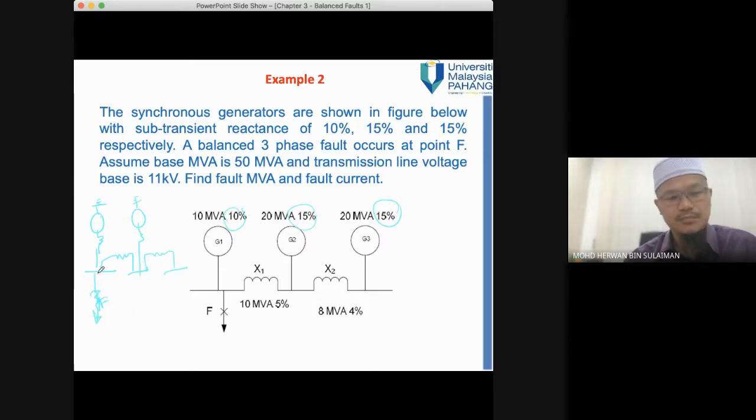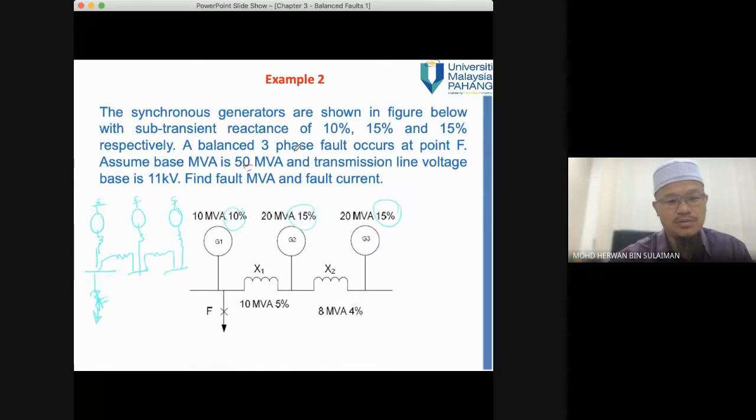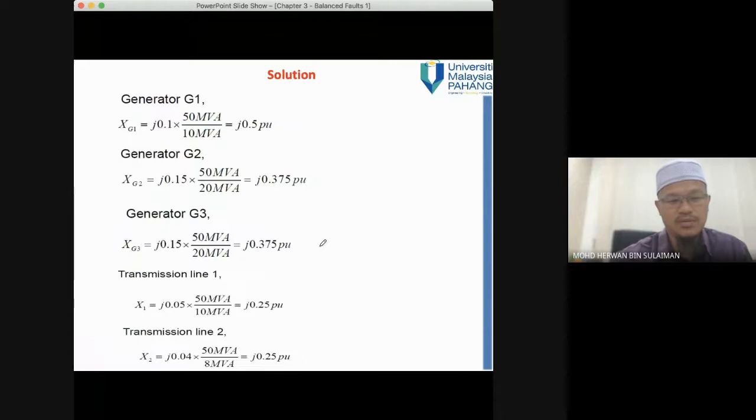So you tukar lah, ni value kita simplified. Okay, ni you tukar value macam tadi lah, all value, 10% ialah 10 MVA. So sekarang kita pakai 50, tukar, you dapat 0.5, 0.375, 0.375, X-line pun tukar juga, X-line 0.05. So everything tukar value, you dapat value kan.